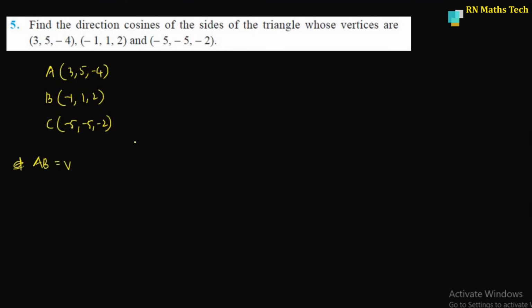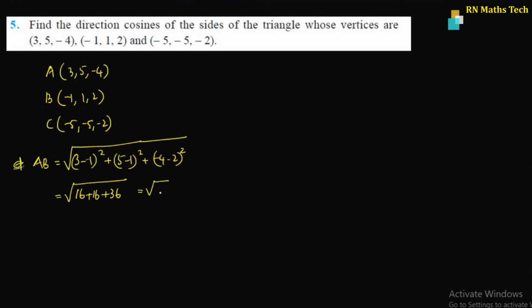AB is equal to root of 3 minus minus 1 the whole square plus 5 minus 1 the whole square plus minus 4 minus 2 the whole square. That is root of 16 plus 16 plus 36, that's equal to root of 68, which is 2 root 17.